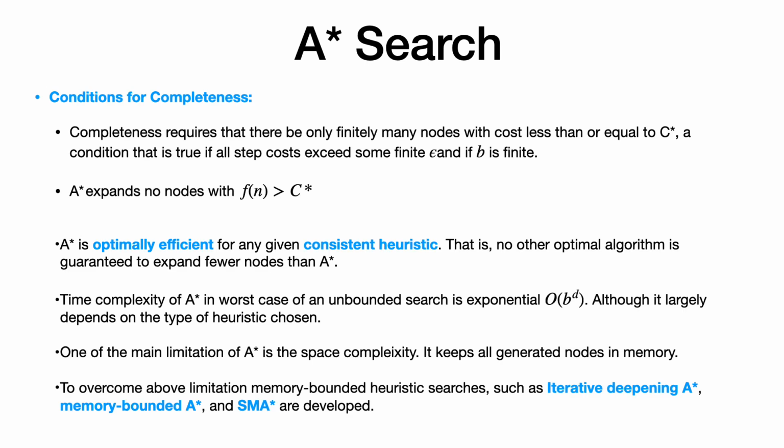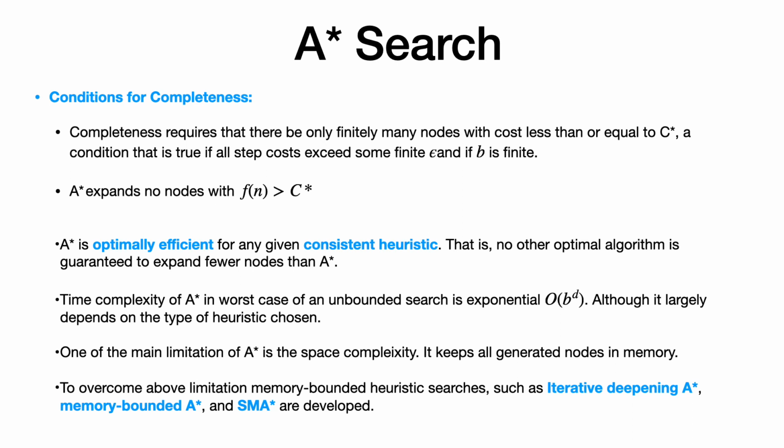To say it is complete, we have another condition. Completeness requires that there be finitely many nodes with cost less than or equal to C star. This is true if all step costs exceed some finite epsilon, that is, usually we don't have negative path cost; we need some finite value epsilon for path cost, and finitely many nodes with cost less than or equal to C star.